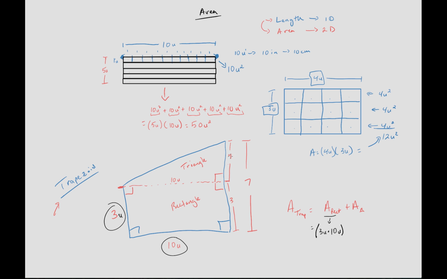And the area of a triangle is actually very much related to a rectangle. It's actually half of a rectangle. So what we're going to do is we're just going to take the base times the height and cut that in half, or multiply it by 1/2. And so the area of the triangle is just 1/2 times the base, 10 units, times the height, 4 units. And we can go through and do all that arithmetic.